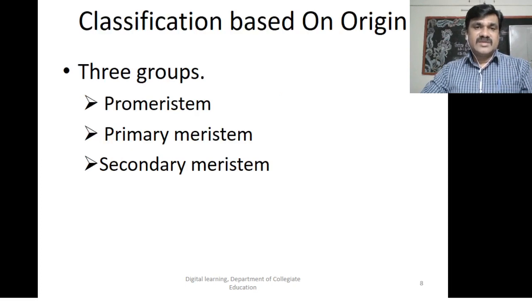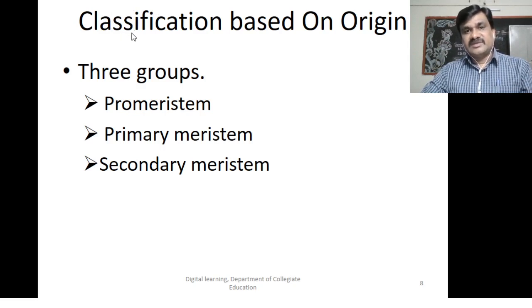Okay, then we'll jump on to another topic, that is classification of meristems. So meristems, that means meristematic tissue, is classified into three groups. The classification is mainly based on three criteria. What are those three criteria?